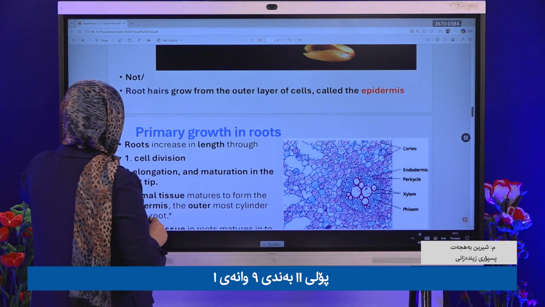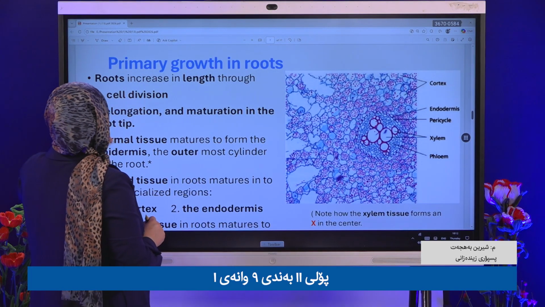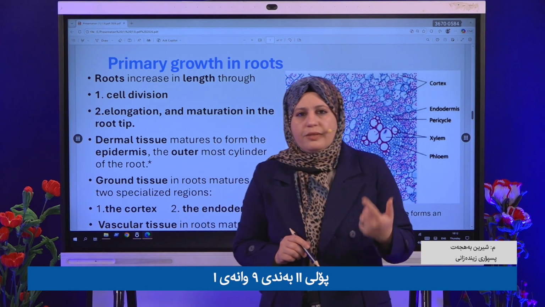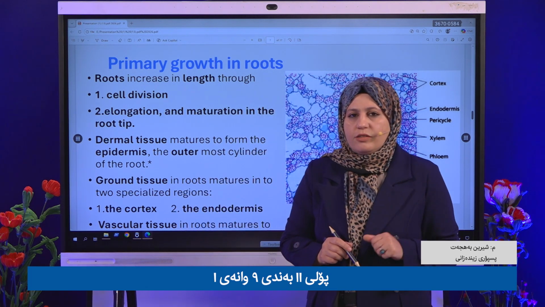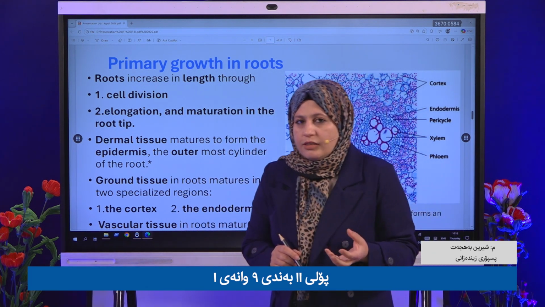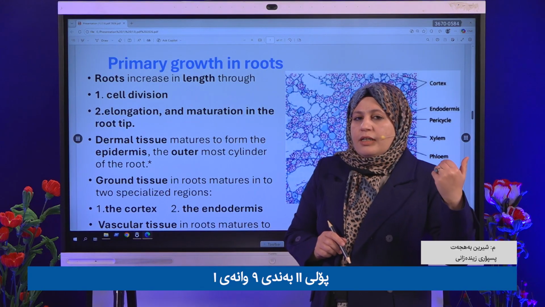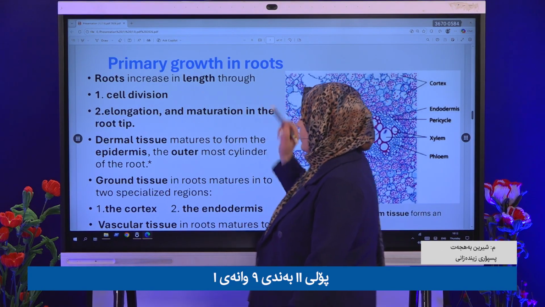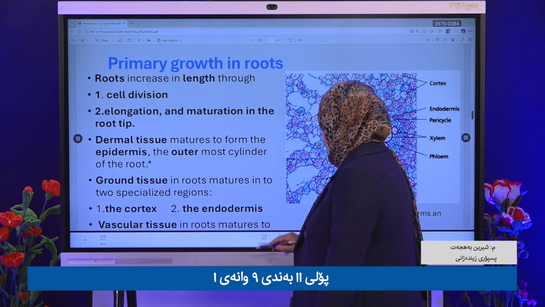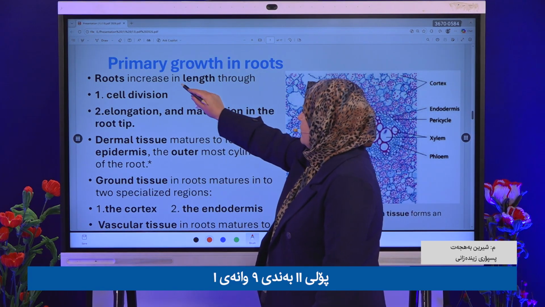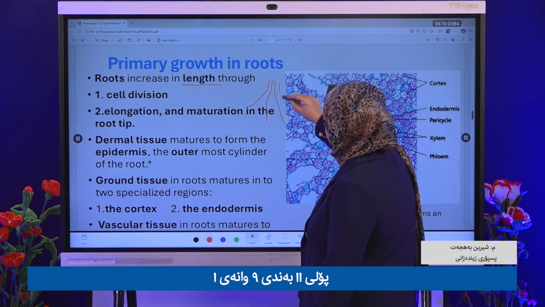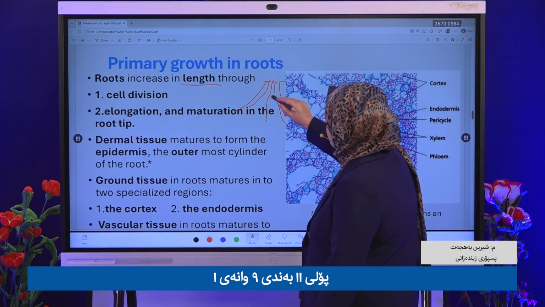Let us go to primary growing in root, which means the first growing. Where does it start? As we talked about before, at the apical meristem. Root increases in what shape?